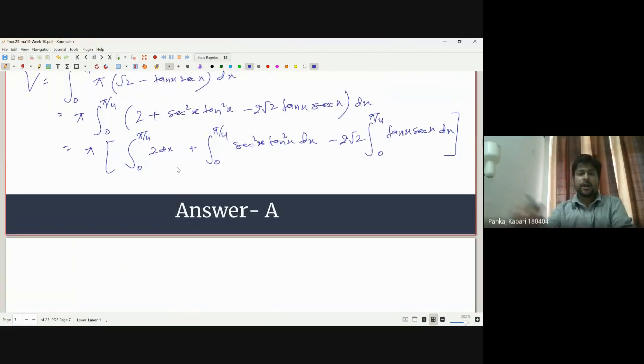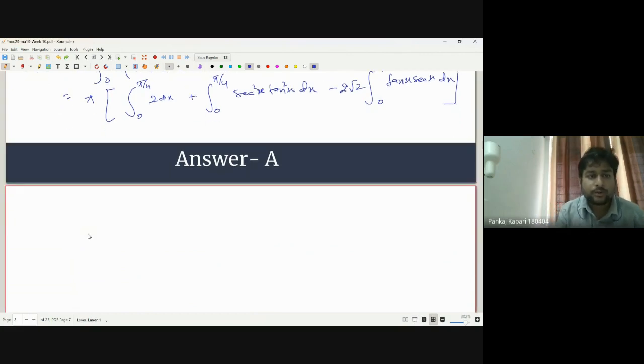Now we have to find these three integrals, and this first integral is very easy. Let's calculate all these three integrals one by one. So 0 to pi by 4 of 2 dx is just 2 times pi by 4, which will give you pi by 2.